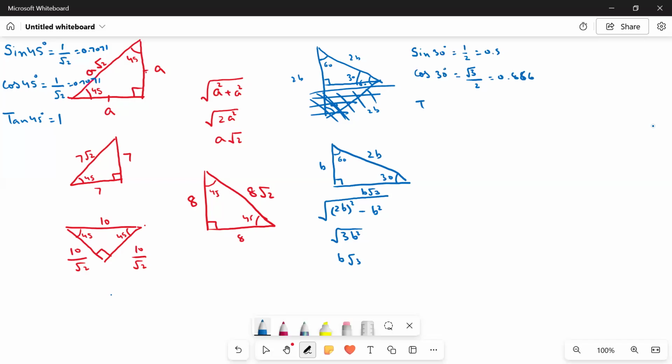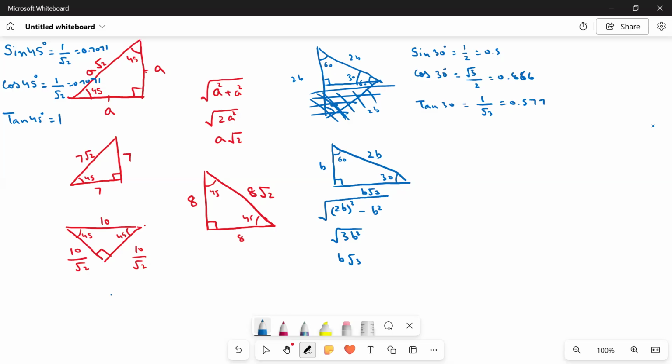Okay, now what is tangent of 30 degrees? Sine over cosine, tangent is b over root 3, this is 1 over root 3. So this is, I believe, 0.577. Let me check it. This is tangent of 30 degrees, right? So tangent of 30 degrees, yeah, 0.577.